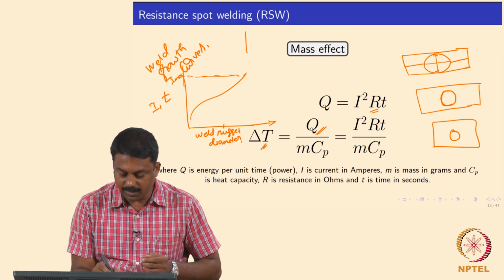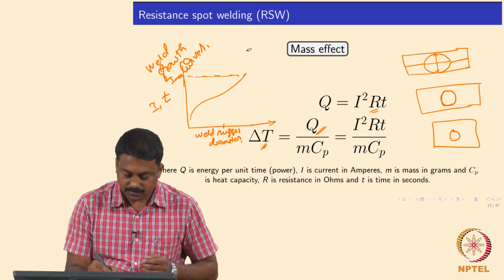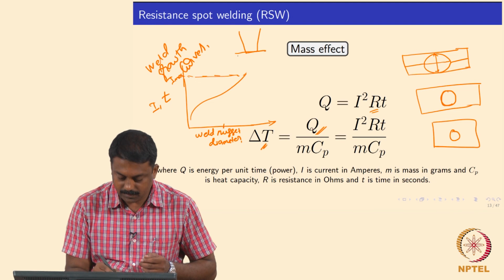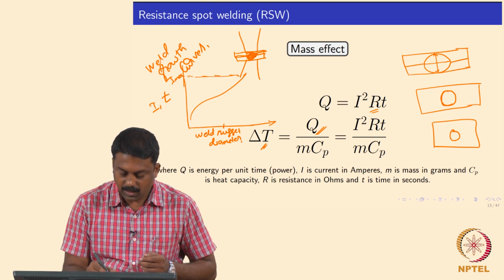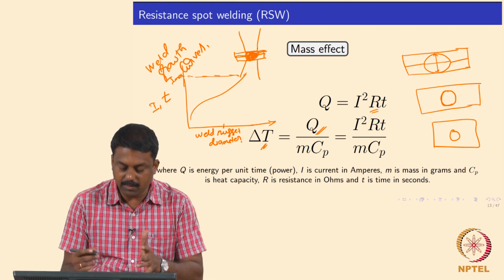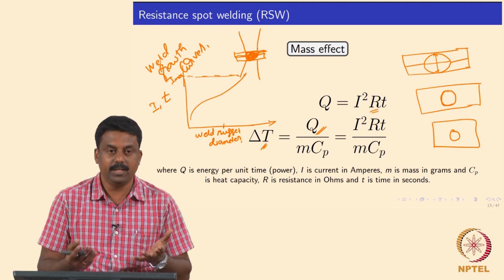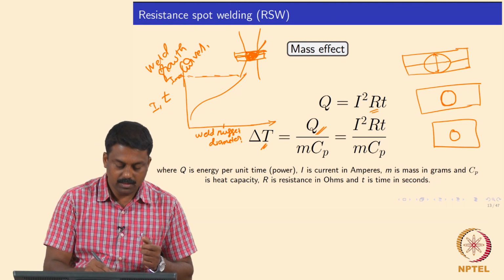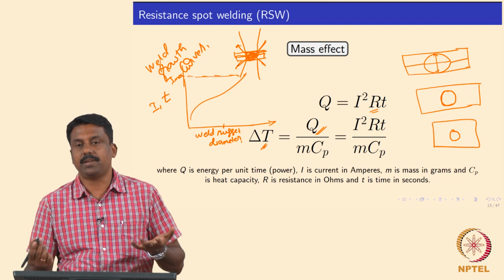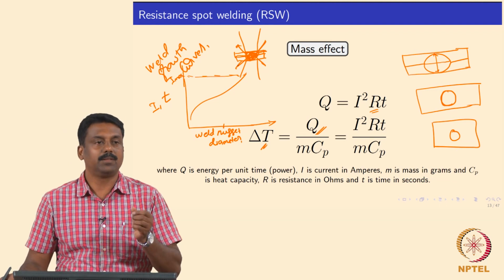If the electrode applies a pressure on the sheet, and you start melting and make a large amount of liquid, then the liquid cannot withstand the load, isn't it? Then it will start splashing out, and this is known as expulsion or splashing, okay.